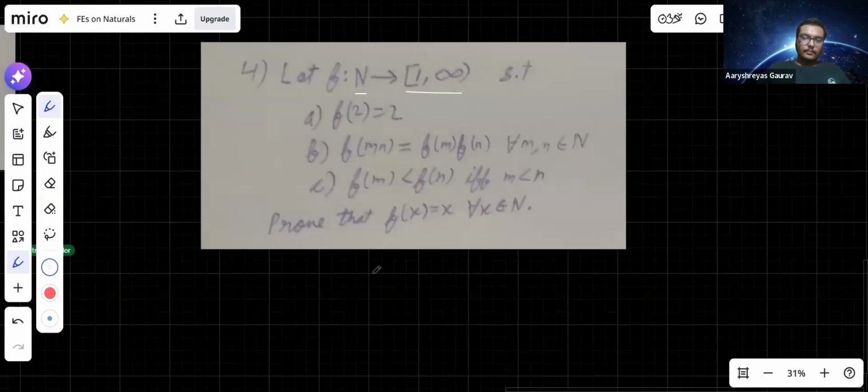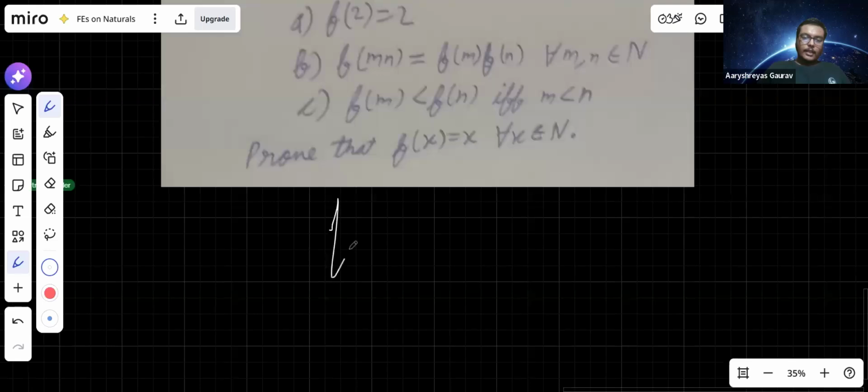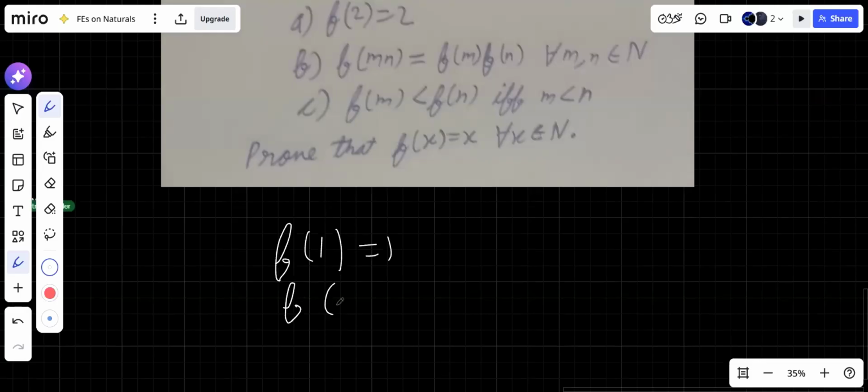So we know that f of 1 is 1 because of the second condition. We use fractions here, right?